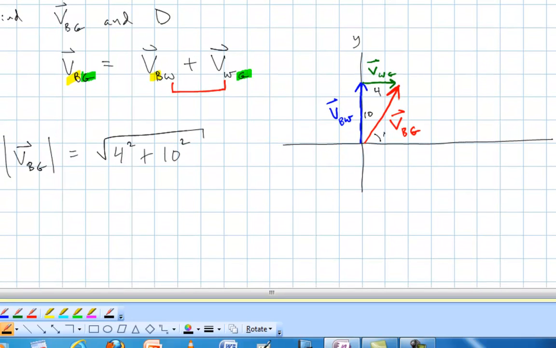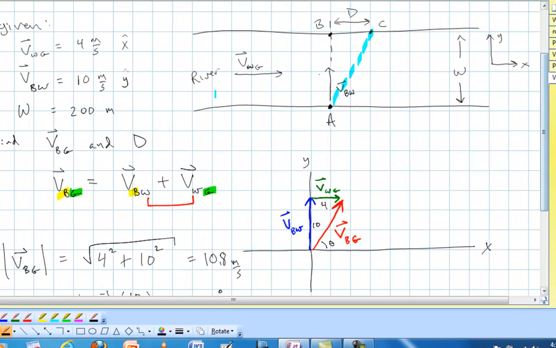I'm going to put theta here. Theta is going to be the inverse tangent of 10 over 4.